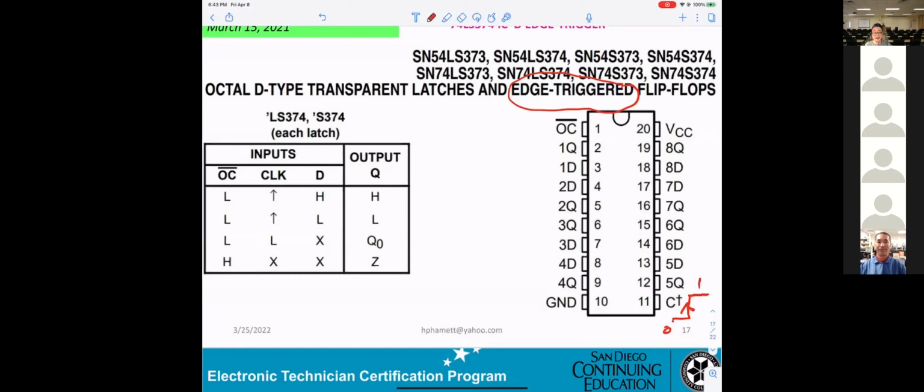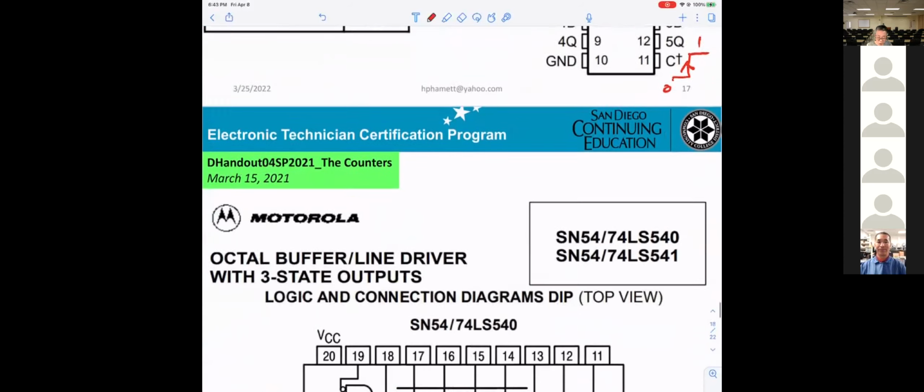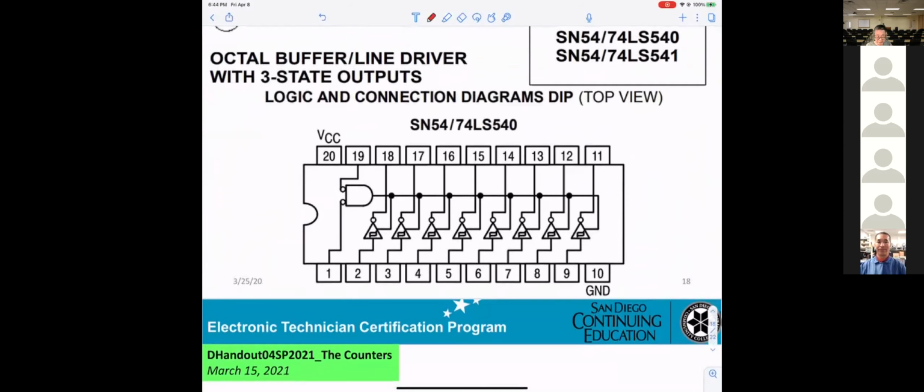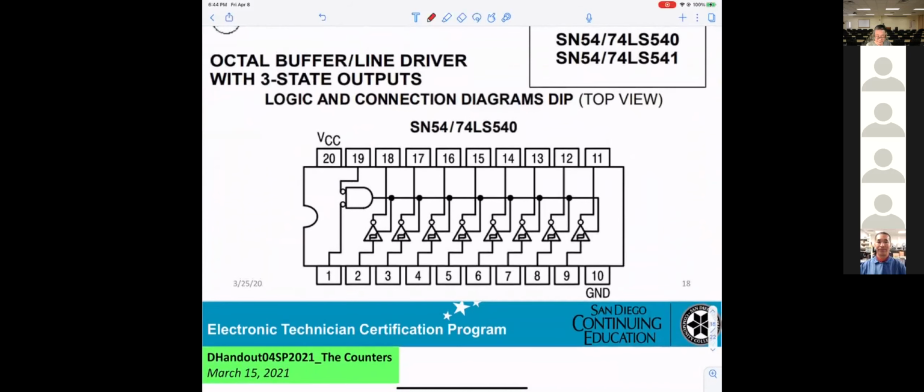This kind of IC will be used a lot during lab number 10, 11, or 12, and so on. 541. This IC will have 20 pins. 20 is VCC, 10 will be ground.